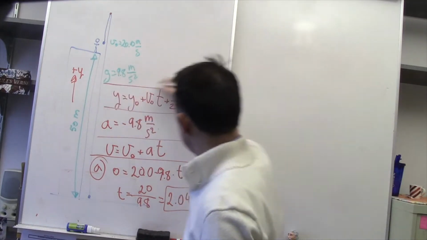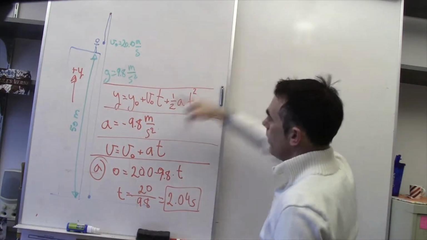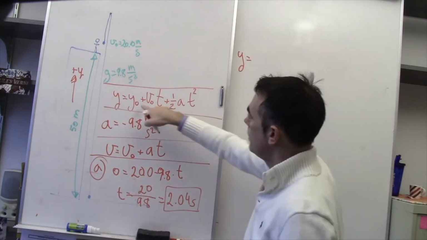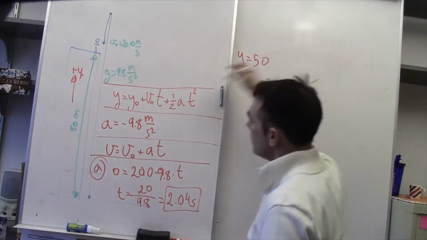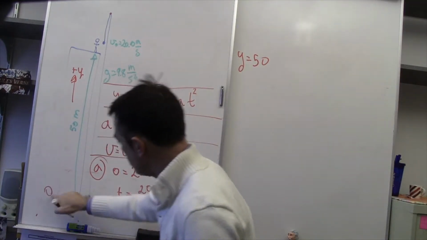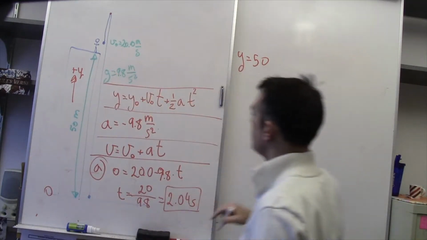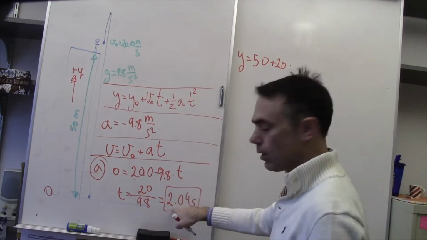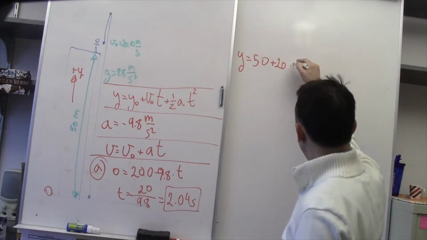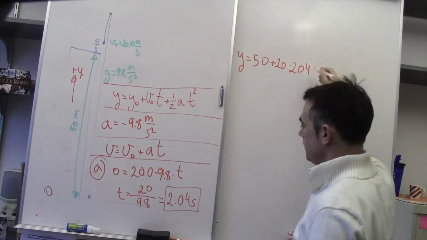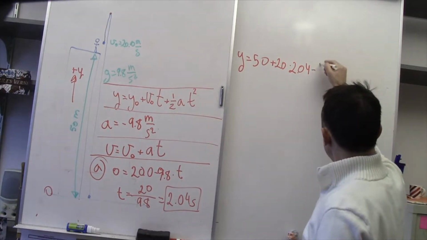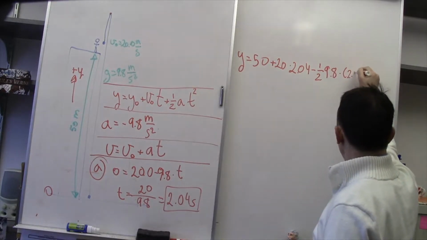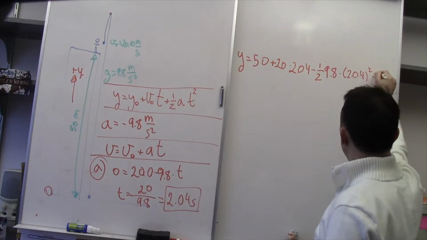Now I'm going to use this other expression, where height is what I want to find. So y is equal to the initial height, which was 50 meters, if the ground is the origin, plus 20 multiplied by the time, 2.04, minus 1/2 of 9.8 times 2.04 squared.